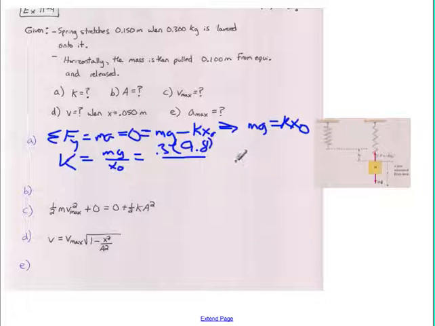And how far did they say it stretched when we let it go? We gently let it go and it went 15 centimeters. So we put that in our calculator and you get, I'm going to trust the book, 19.6 newtons per meter, spring constant. That's what kind of units you get. Okay, so 19.6.